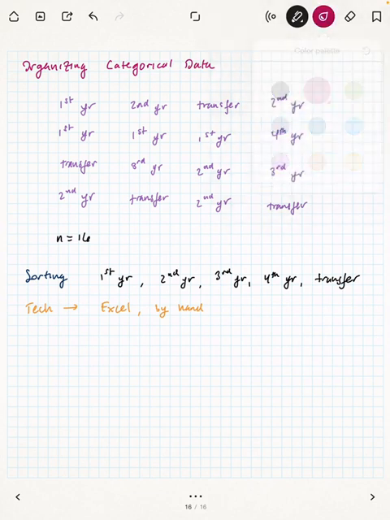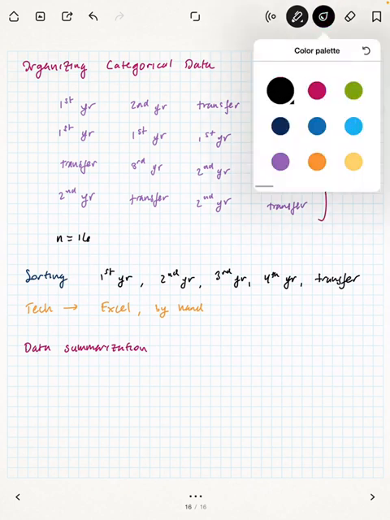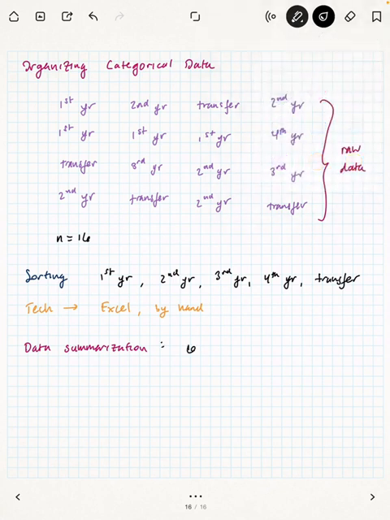So data summarization refers to condensing our raw data. This is our raw data, raw categorical data. We want to condense our data in some way that still maintains the level of measurement.